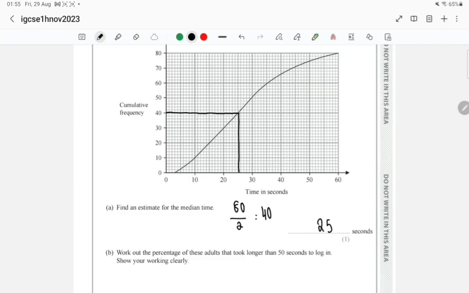Work out the percentage of these adults that took longer than 50 seconds to log in and show your working clearly. Now let's see where 50 seconds is. Here, isn't it? Alright. Now let's try to connect this from here. This is in the middle, isn't it?